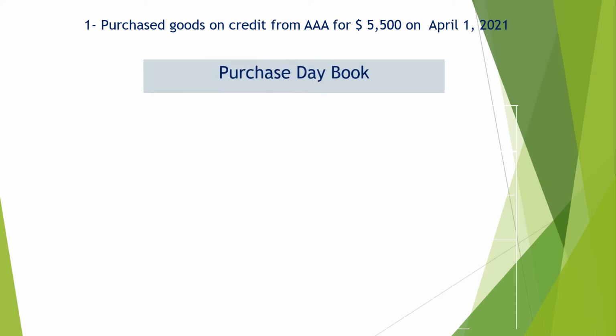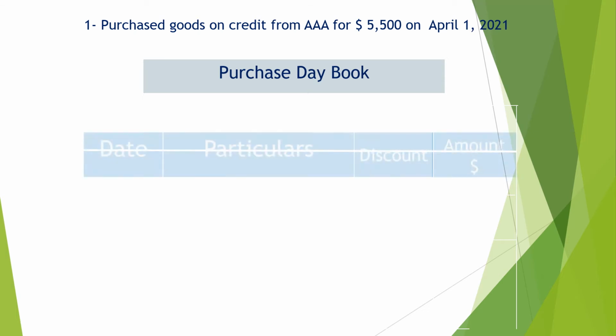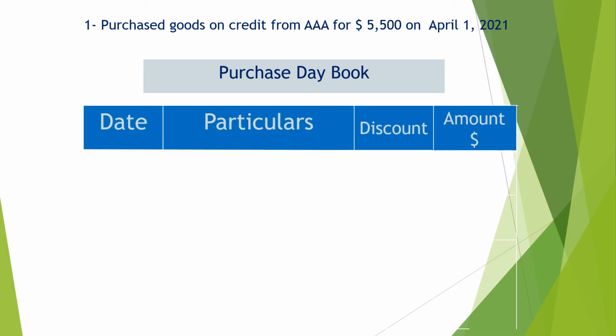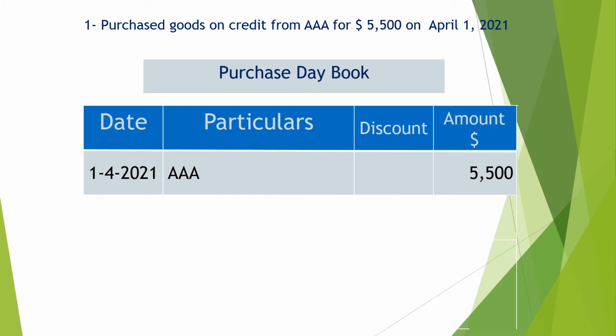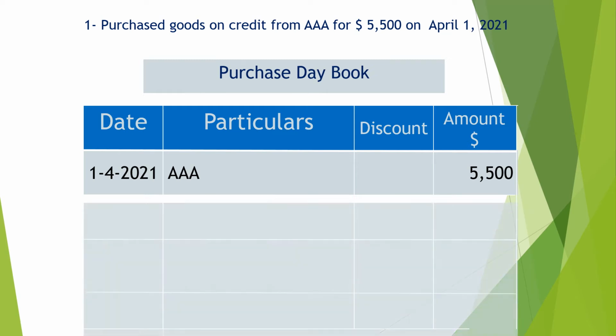So here is the purchase daybook. You can see we record the date, creditor's name in particular, and the amount of credit purchase.